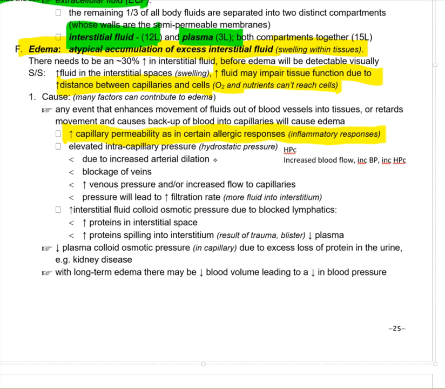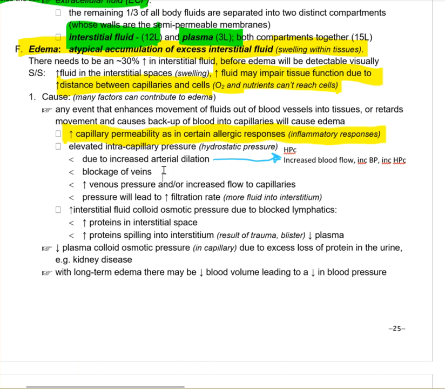If we bring more blood into the arteries, then more blood goes into the capillaries, and that increases blood pressure, and that increases HPc. What if we block the veins on the other side of the capillary? That's going to increase blood pressure too, right? Does that make sense as to why?